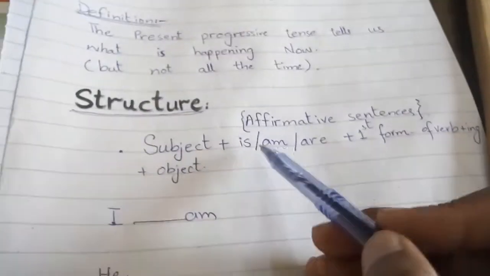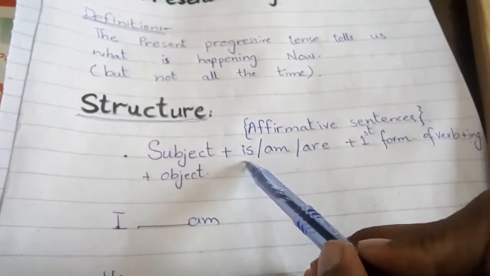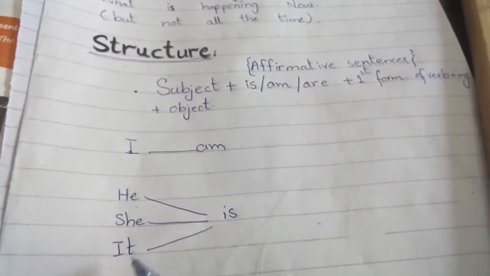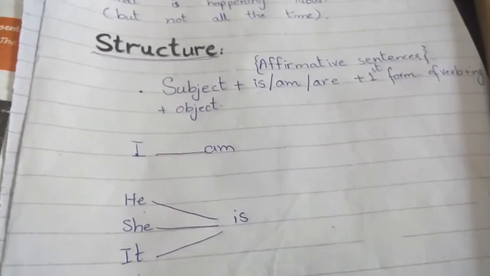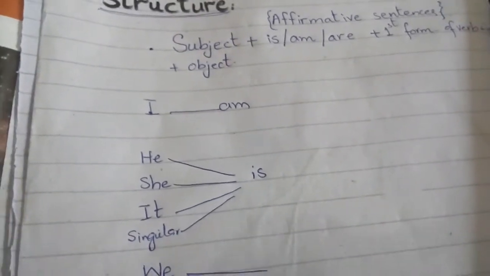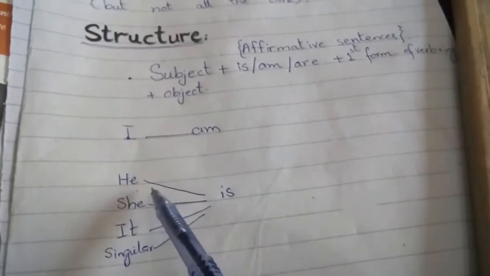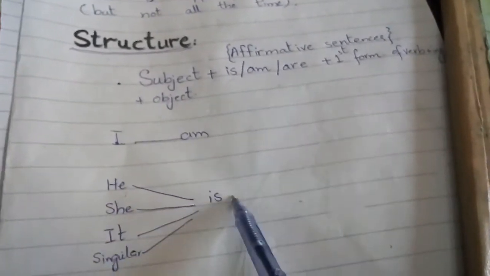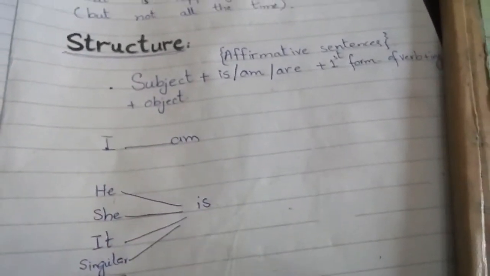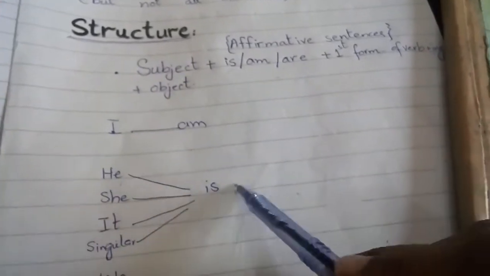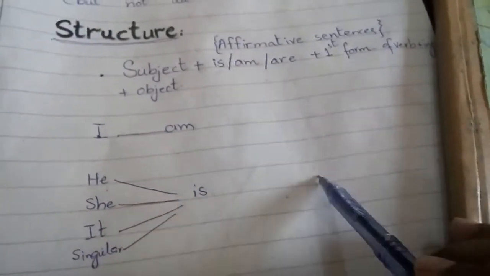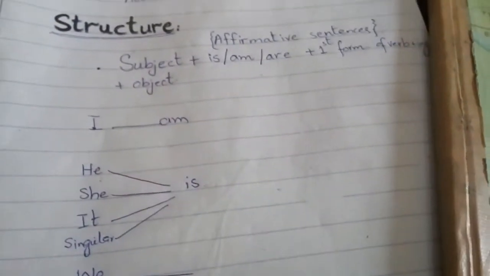Okay, and if the subject is he, she, or it, or a singular name, a singular name means a person's name like Ali, Hamza, Hira, Sana, then we use is. He is, she is, it is, or the name of any person. Then we also use is, and then the ing form of the verb.